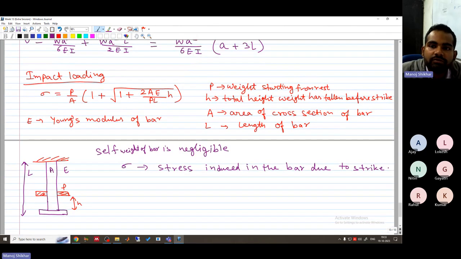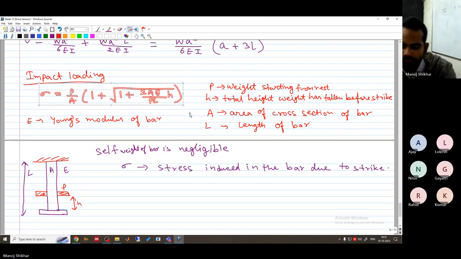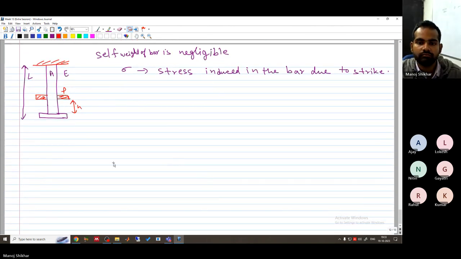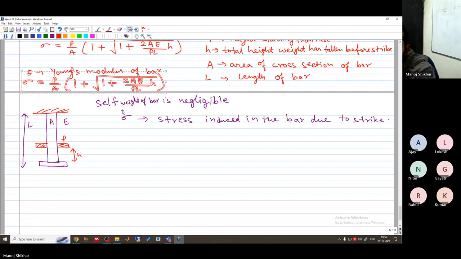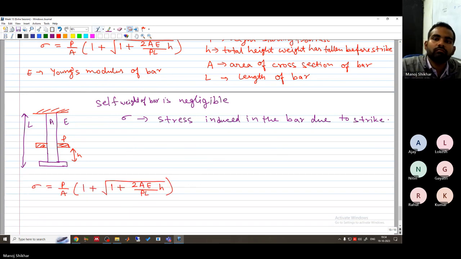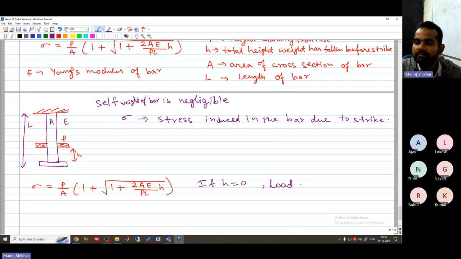Now in this formula, suppose H is equal to 0. If H equals 0, the load becomes a sudden load.